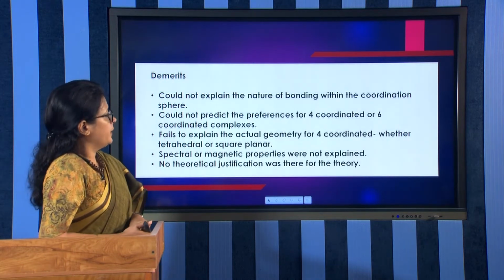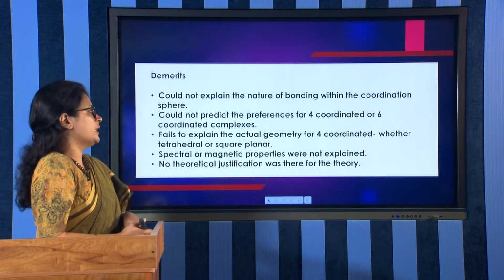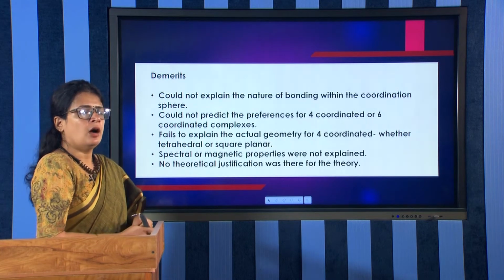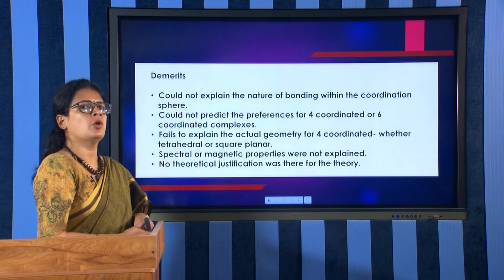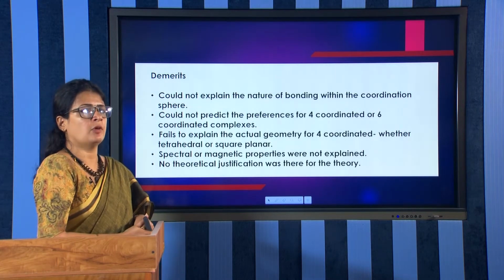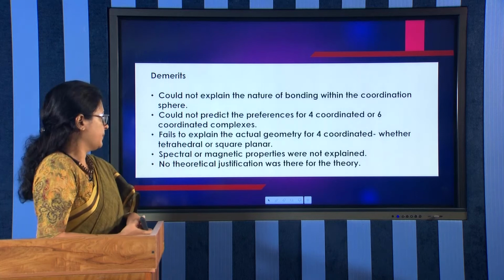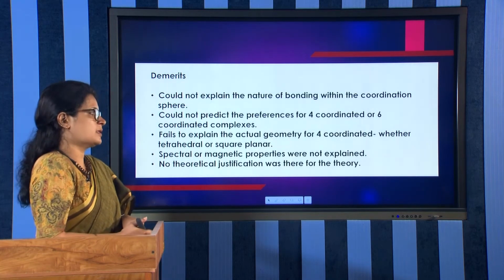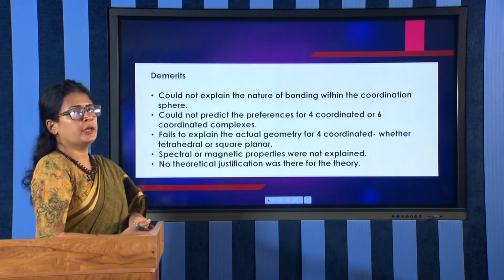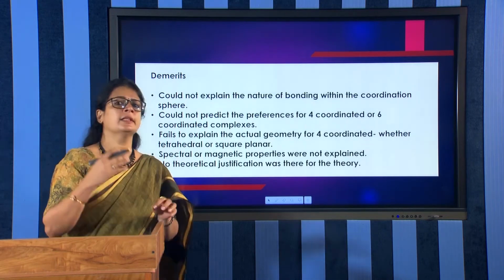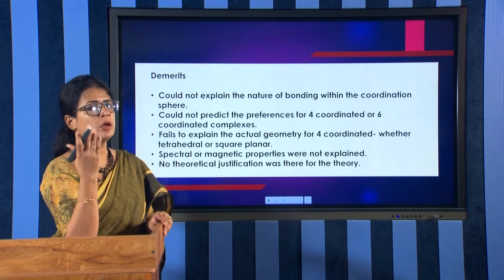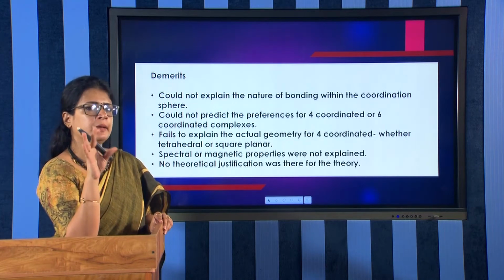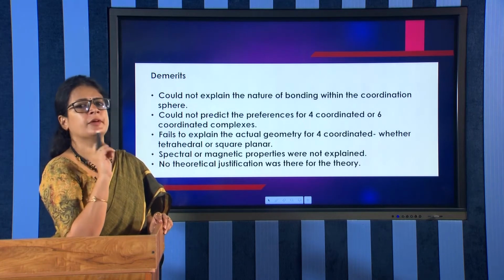And he could not predict the preferences for 4 coordinated or 6 coordinated complexes. He could not explain which complexes will form 4 coordinated or which will form 6 coordinated complexes. He also fails to explain the actual geometry of the complexes, for example, in the case of a 4 coordinated complex, whether it will form a tetrahedral or a square planar complex. All those things could not be correctly predicted by Alfred Werner.